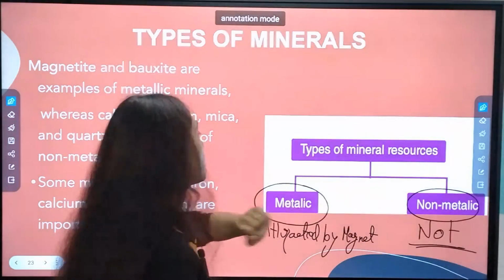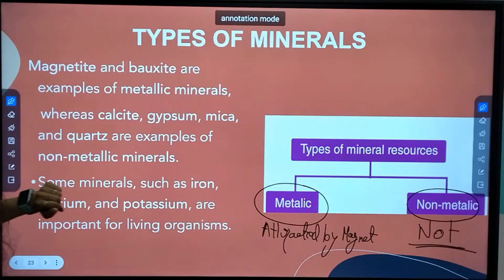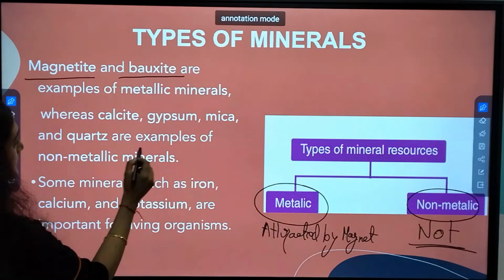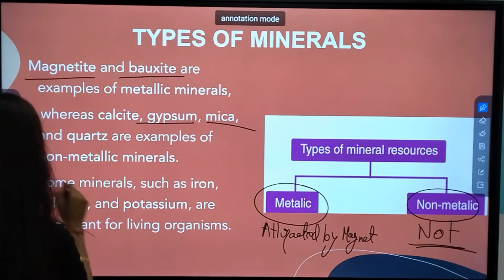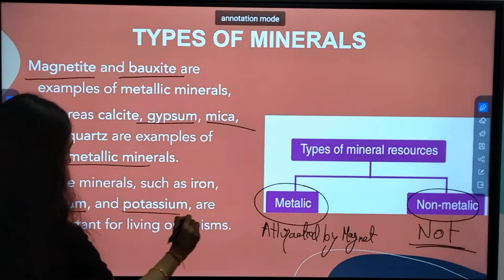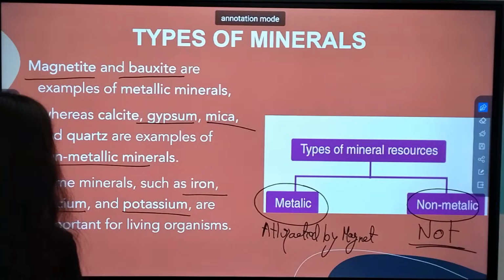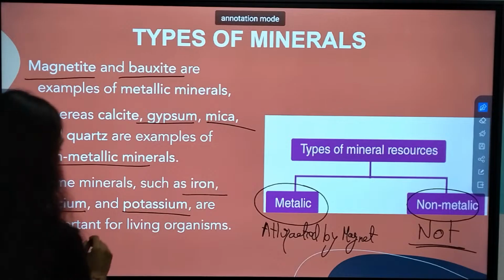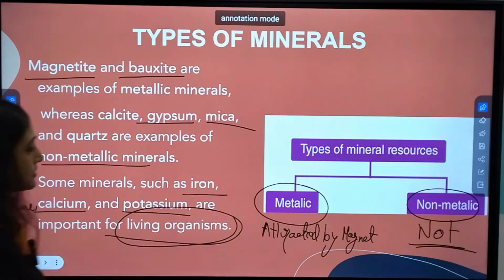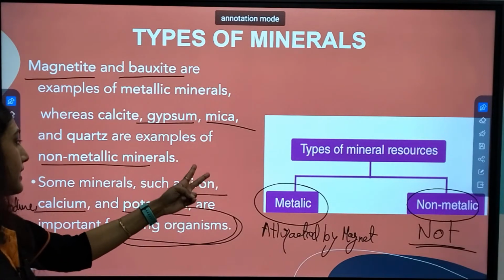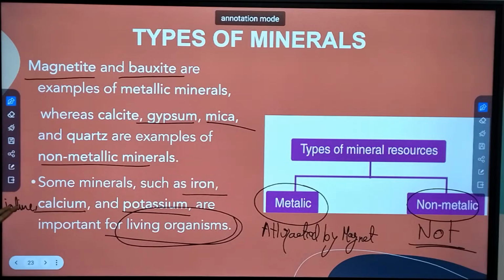One is metallic, one is non-metallic. Okay. Examples of metallic are magnetite, bauxite, whereas gypsum, mica, etc. are non-metallic minerals. Okay. And this calcium, potassium, iron, iodine, also add iodine over here. These are important for all living organisms. Okay, in your food and health chapter, you have learned how iron is important, how calcium is important, how iodine is important. Okay.